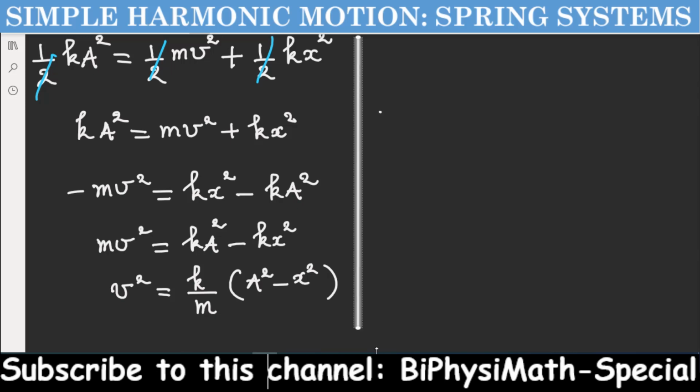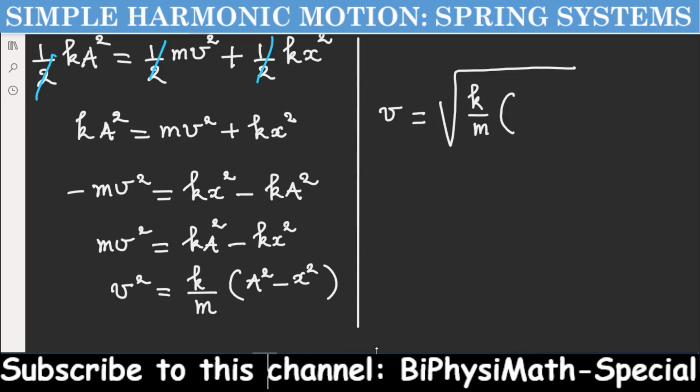V equals square root of k over m times amplitude squared minus the square of the given displacement.